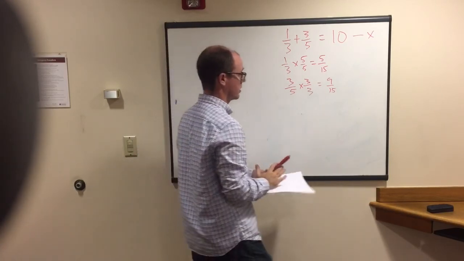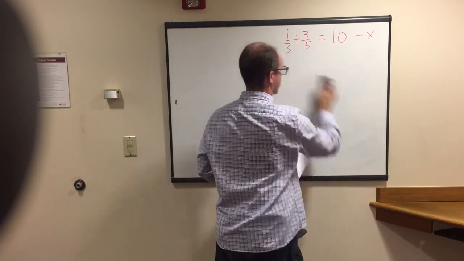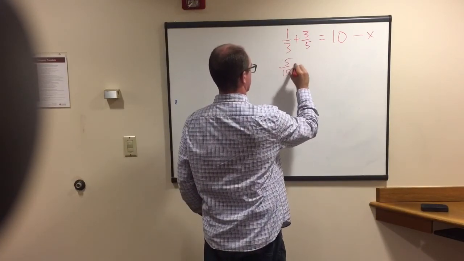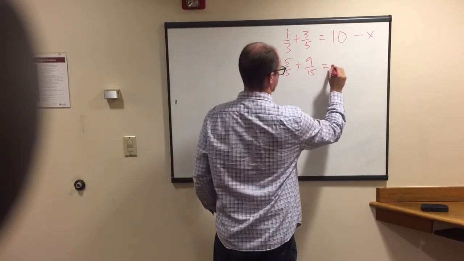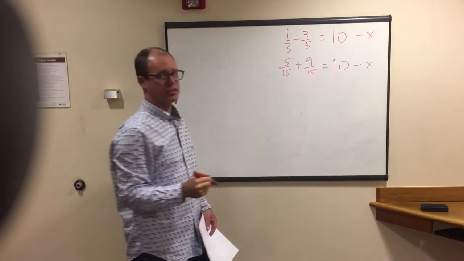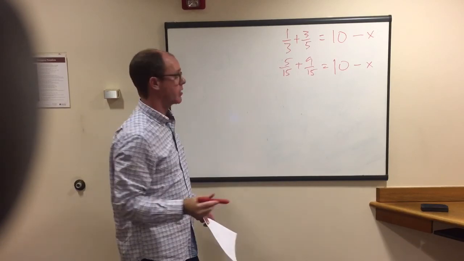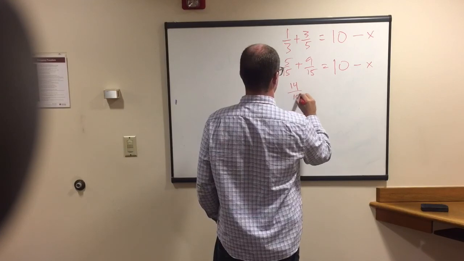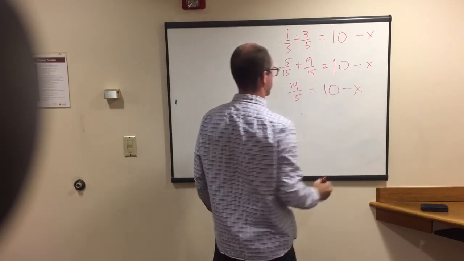So now we can erase this, make sure we have enough room. Now we have 5/15 plus 9/15 equals 10 minus x. Okay, everybody can see that. And now if we just add the 5 and 9 together, which is 14, we'll have 14/15 equals 10 minus x.